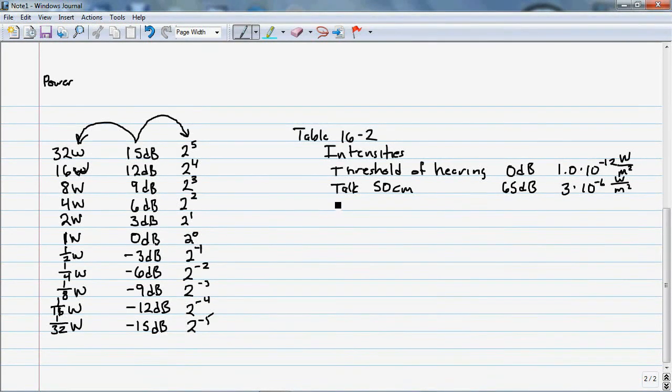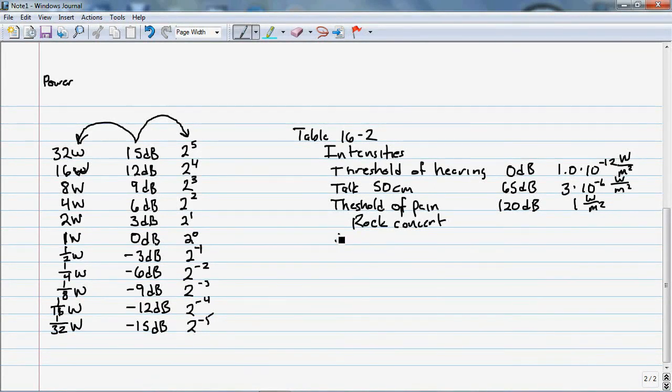Now, the threshold of pain, basically the sound that's going to hurt your ears, is about 120 decibels. It's also about the same for a rock concert. So if anybody's ever gone to a really loud rock concert and your ears are ringing when you come out, that's because that's the threshold of pain. And that's about 1 watt per meter squared.